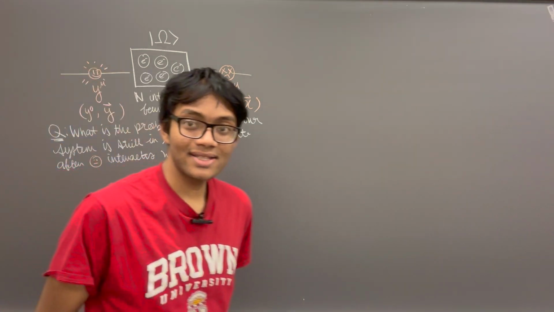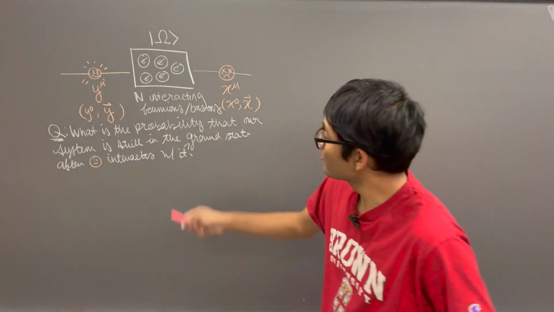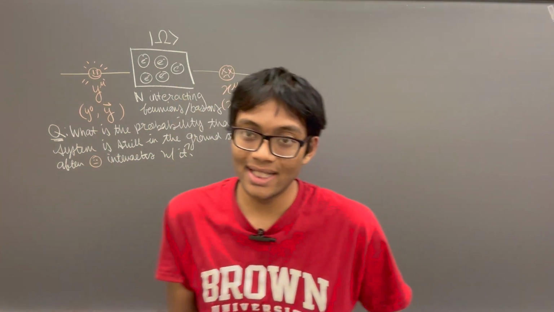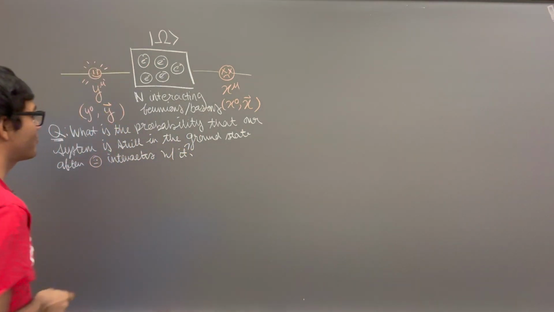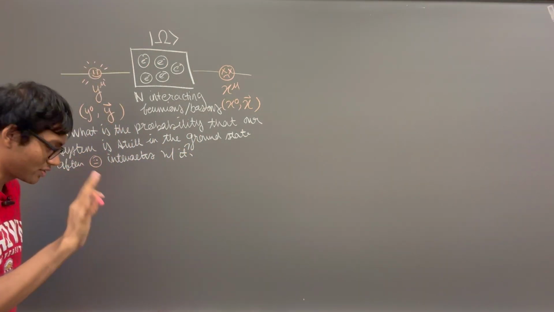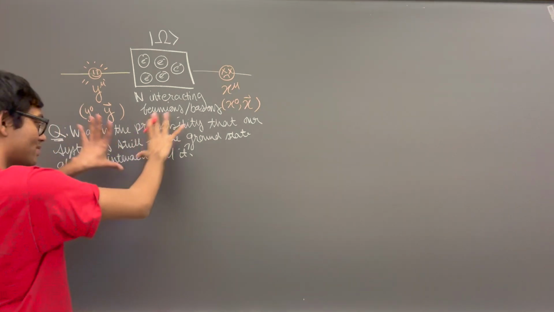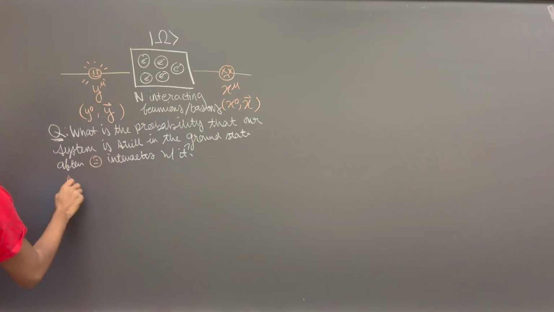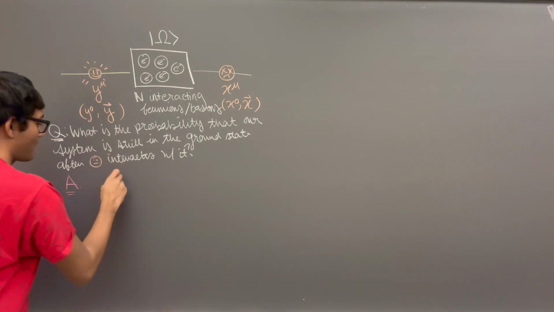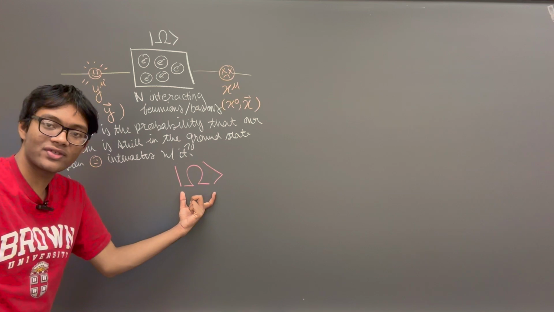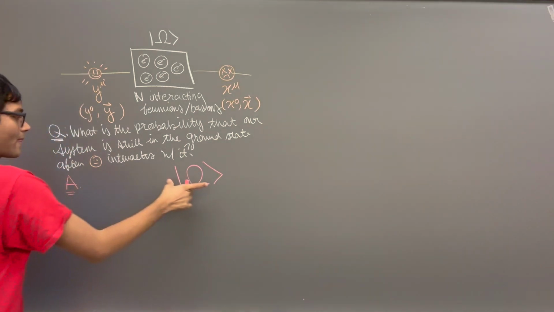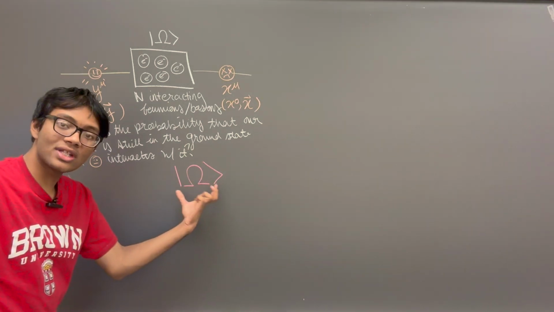So it turns out the answer to this question, what's the probability that our system stays in the ground state, is answered by the Green's function. You don't have to know what a Green's function is, okay? I'm just going to say that the answer to this question turns out to be, okay, your initial state, which is the ground state of your system, and we're going to find the overlap integral.